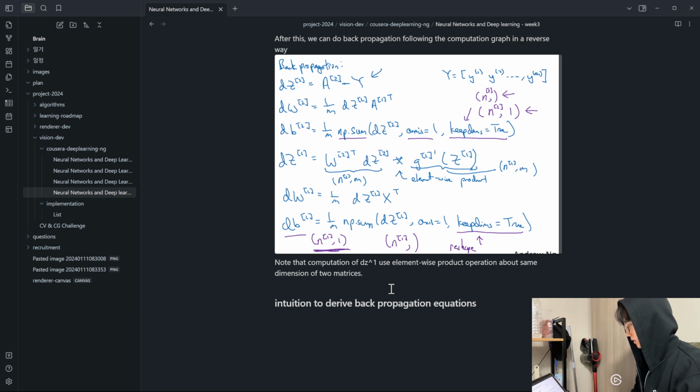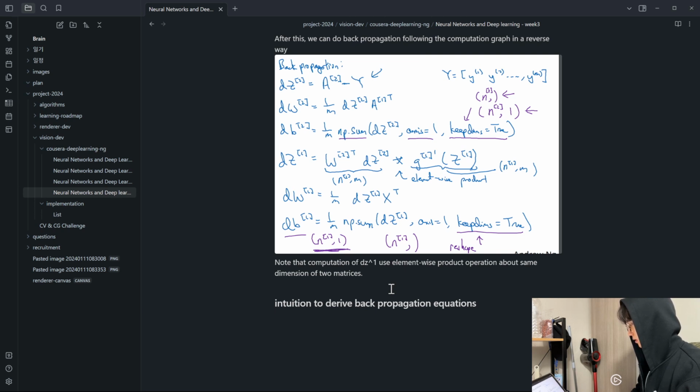And as an aside, only for those of you familiar with the chain rule of calculus, the reason for this is because a is equal to sigmoid of z, and so partial of L with respect to z is equal to partial of L with respect to a times da dz. But since a is equal to sigmoid of z, this is equal to d dz of g of z, which is equal to g prime of z.